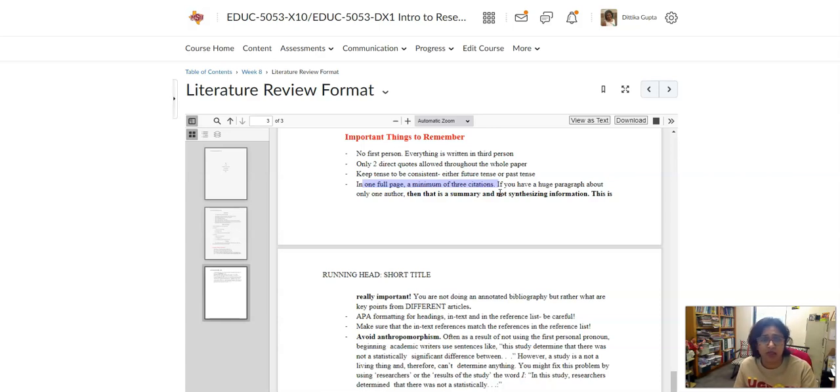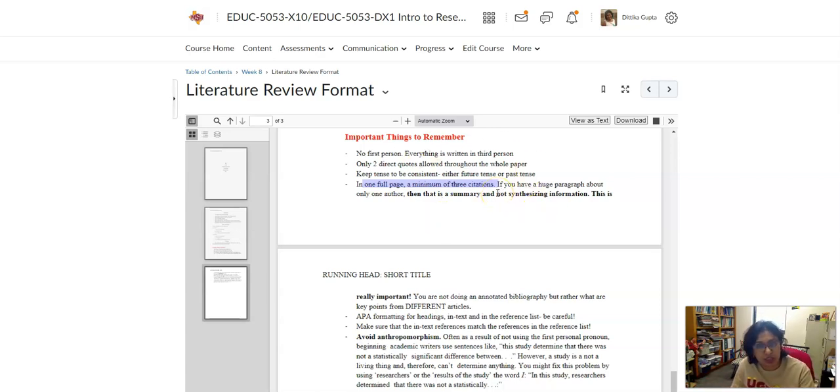For example, I would say Gupta 2023 said this, while Gupta 2021 supported it or did not support it. You have to summarize the information. You could even say, let's say, Gupta 2023 and Sharma 2021 and Smith 2015 all said, so you are summarizing it.